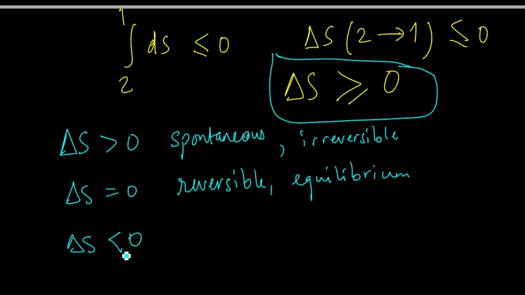Delta S less than 0 is impossible. We don't have such a situation. Something is never possible if the total delta S of an isolated system is less than 0.